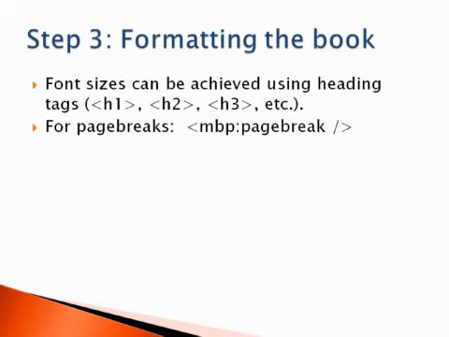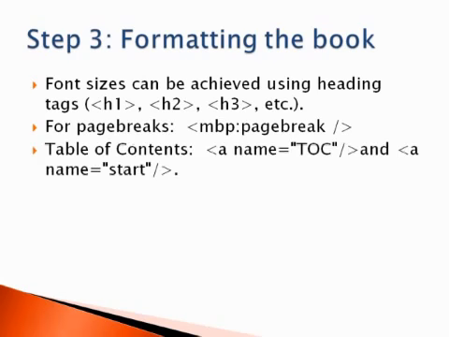So you want to tell Amazon Kindle where the page breaks are going to be. So this is the tag that you would use in front of wherever you want the page break to be. Table of contents. To tell Amazon Kindle where your table of contents is, you want to have the specific tag in front of it.